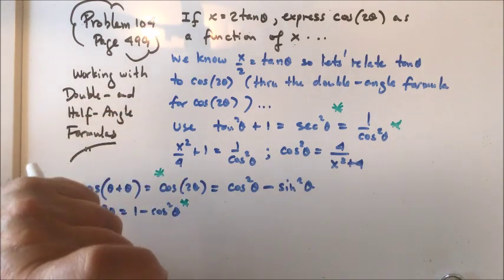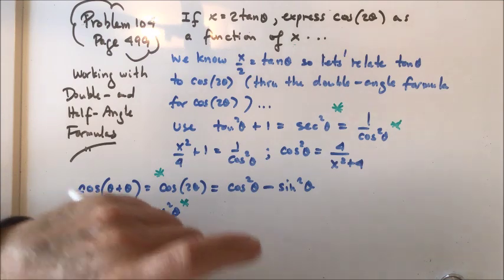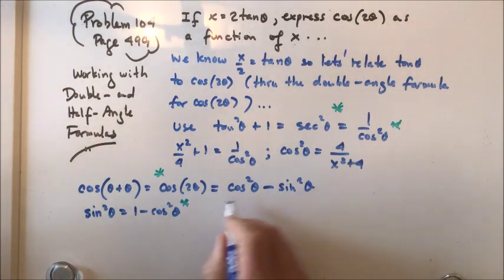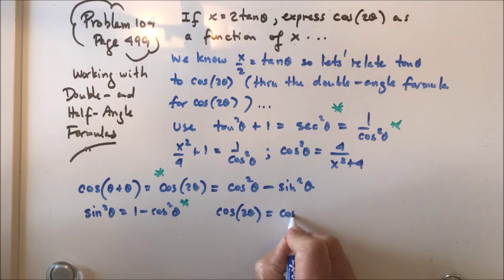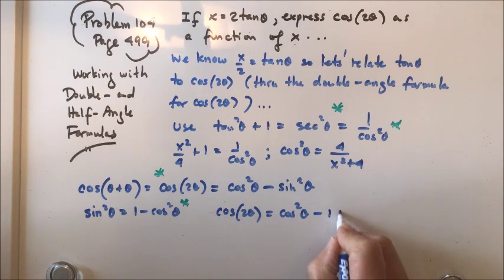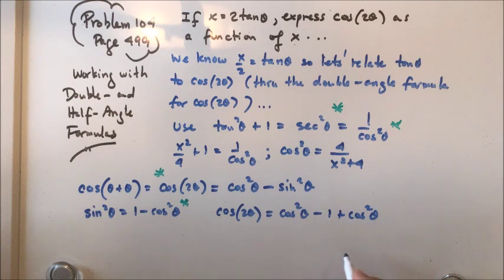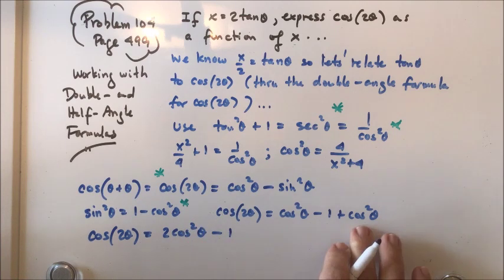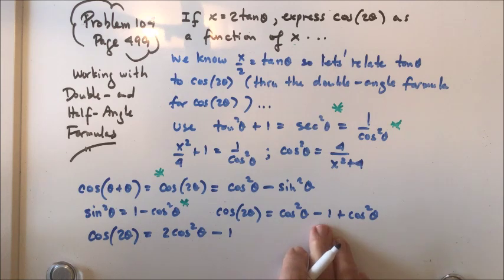So let me write this as cosine 2 theta is equal to cosine squared theta minus sine squared theta, which is minus 1 plus cosine squared theta. Okay, so if I just clean this up a little bit, cosine 2 theta is equal to 2 cosine squared theta minus 1.